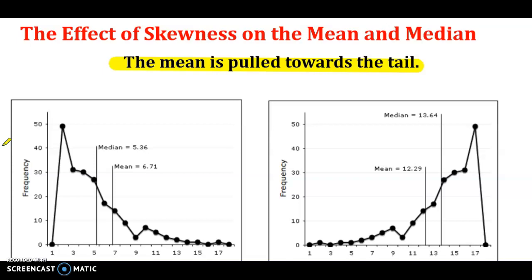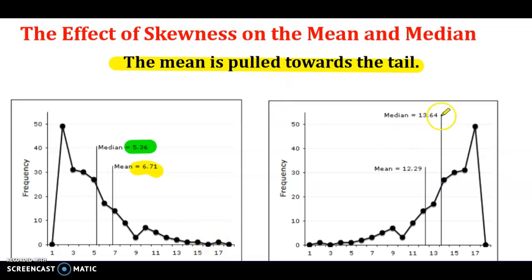You're going to say that I would like to use a median or maybe even a mode. The reason why is the mean will always be pulled towards the tail. My median for this data set is 5.36, but my mean is 6.71 because I've got a tail here.